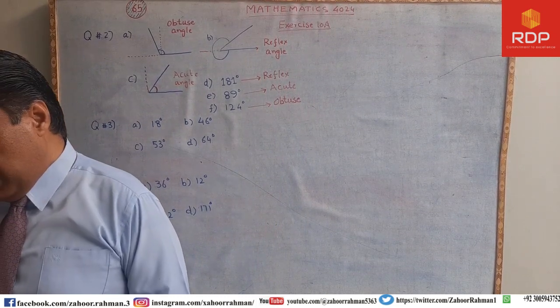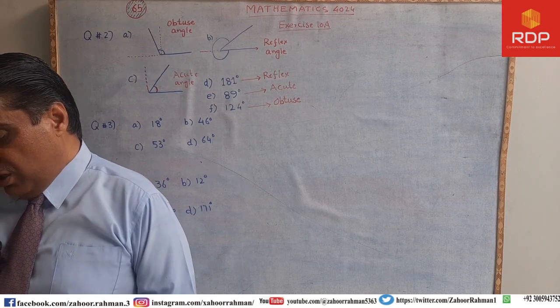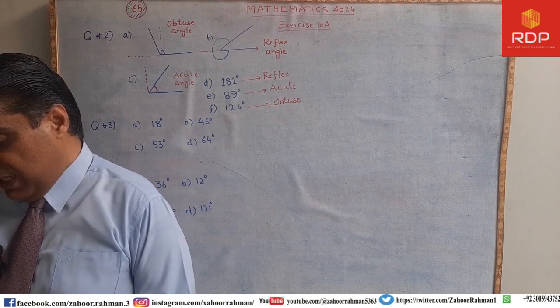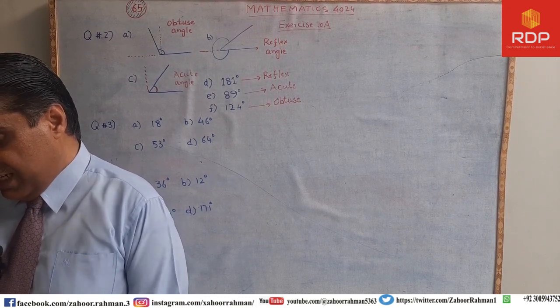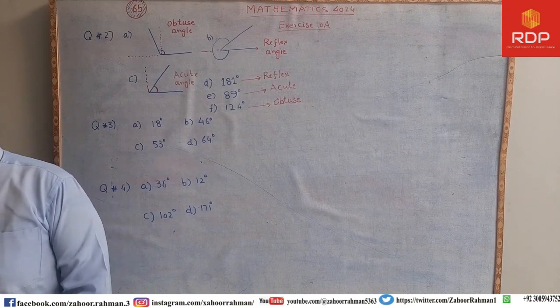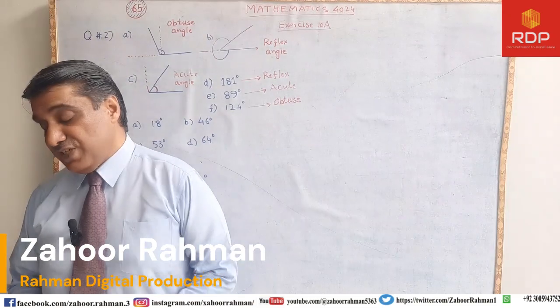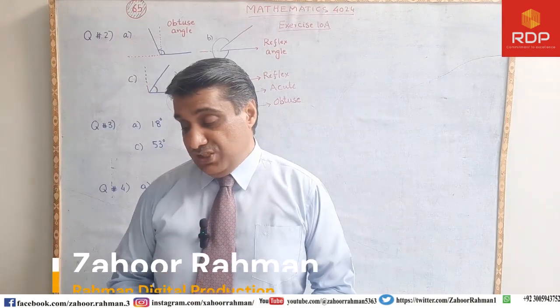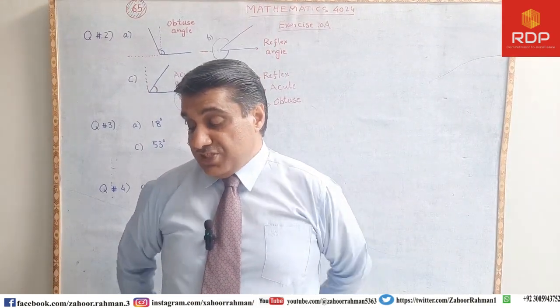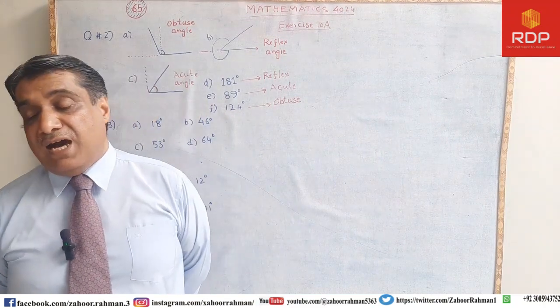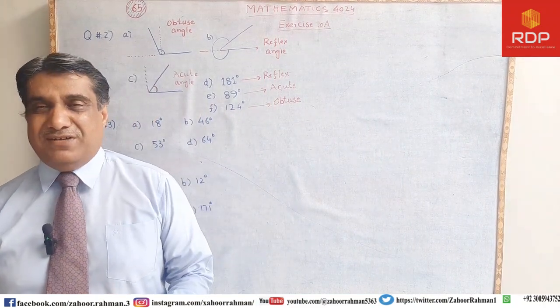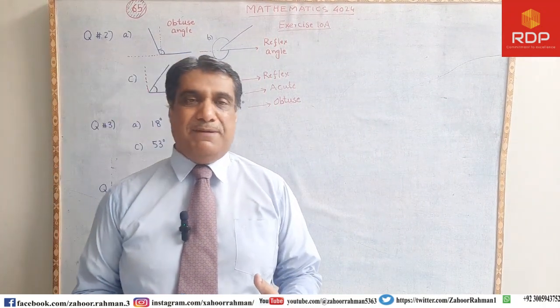Now we are going to solve question number 3, in which they are saying find the complementary angle of each of the following. First, let us refresh your memory. Yesterday I told you two types of angles. One was complementary and the second was supplementary.